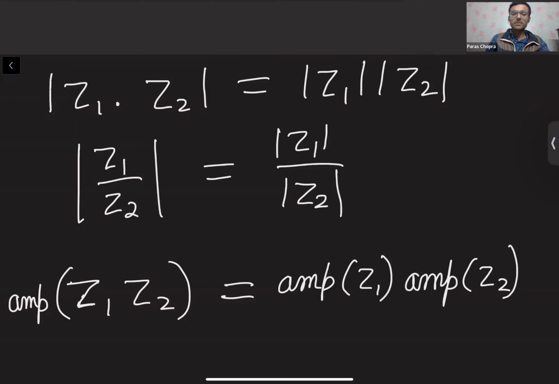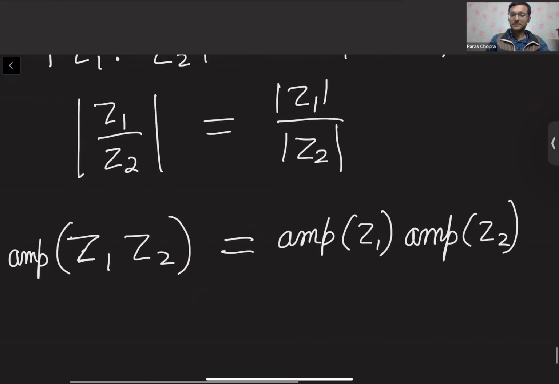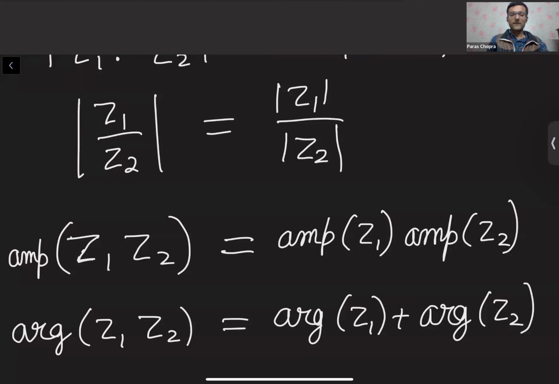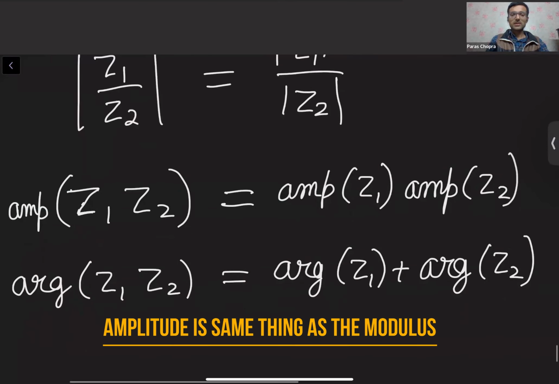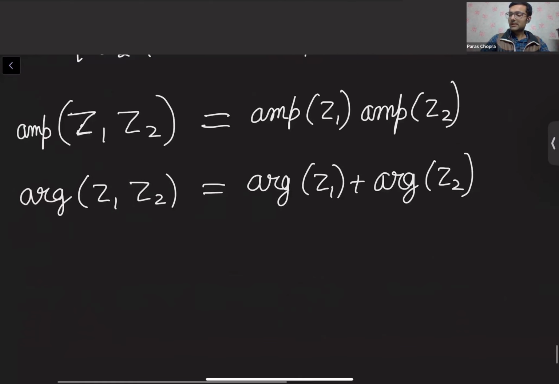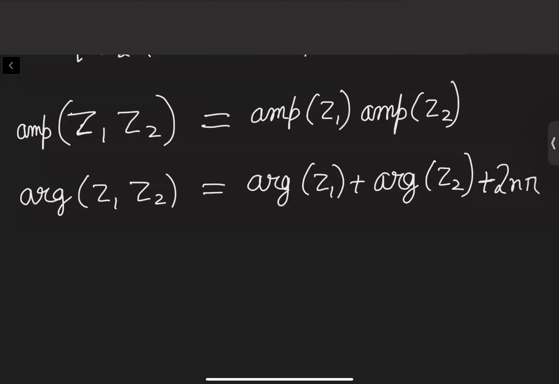This is because amplitude में सिर्फ r वाला पार्ट आता है, and similarly the argument of z1 times z2 is equal to argument of z1 plus argument of z2. एंड इसमें हम +2n पाई ऐड कर सकते हैं. या नहीं? कर सकते हैं, क्योंकि आर्ग्यूमेंट में अगर आप 2 पाई के मल्टीपल्स ऐड करोगे तो उससे फर्क नहीं पड़ेगा. दैट विल नॉट चेंज योर कॉम्प्लेक्स नंबर.